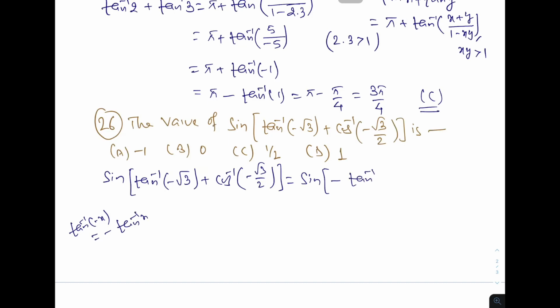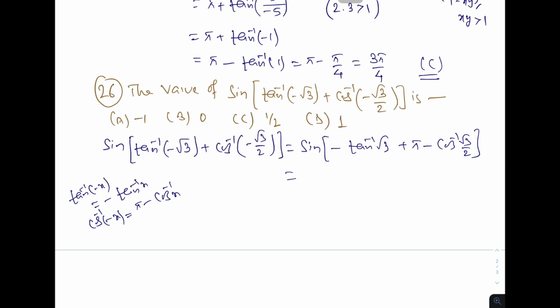So minus tan inverse root 3 and cos inverse minus x is pi minus cos inverse x. So pi minus cos inverse root 3 by 2. So now we know tan pi by 3 is root 3. So this is minus pi by 3 plus pi, and cos pi by 6 is root 3 by 2. So this is minus pi by 6.